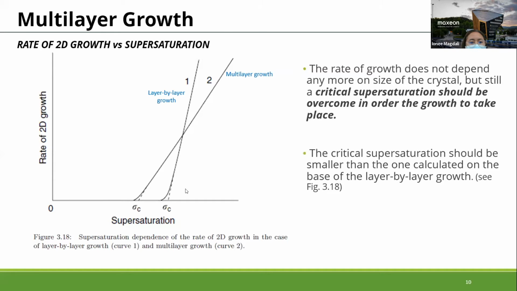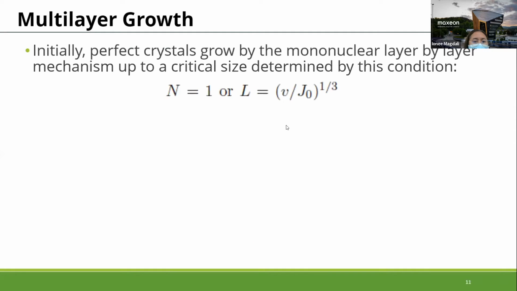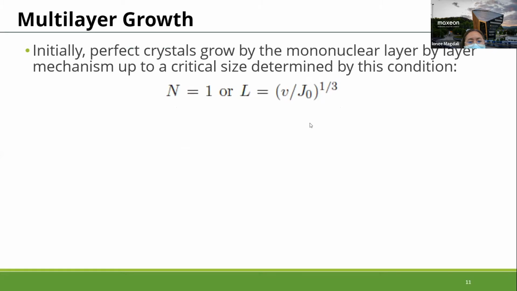And according to this figure 3.18, the critical supersaturation should be smaller than the one calculated on the basis of the layer by layer growth. So just a summary of how the multi-layer growth happens. Initially, perfect crystals grow by the mononuclear layer by layer mechanism up to a critical size determined by this condition, n equals 1 or L is equal to (V over J naught) raised to 1/3.